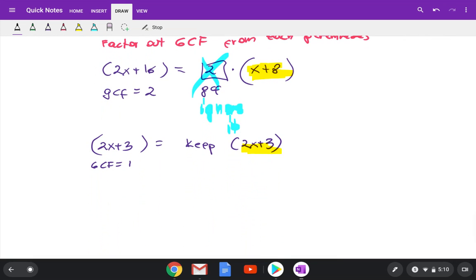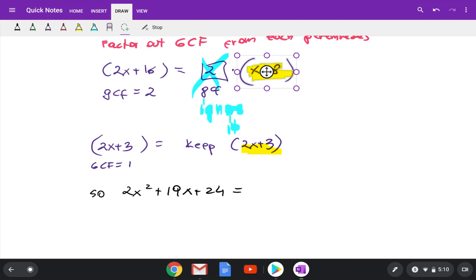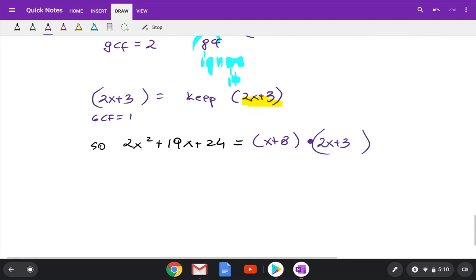Let's go back. 2x squared plus 19x plus 24 is the same as x plus 8 times 2x plus 3. Okay, so we have two factors. We're ready for step 3.